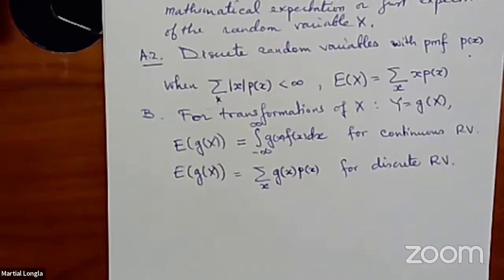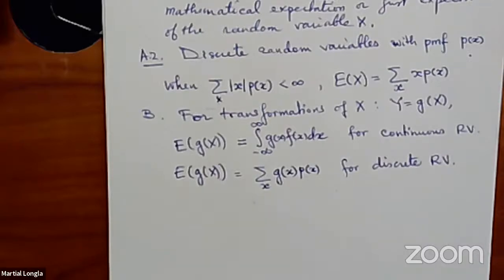Again, when you want to find the expected value of a function of a random variable, you don't need to find the distribution of that function. You just plug it into the formula and you get the expected value. Technically, if you go find the distribution, then use the original formula, you get the same answer, but you work more in one case.